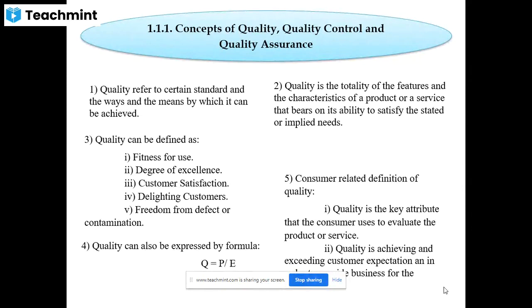Means you've seen that if you're purchasing anything from the market, on that particular wrapper or covering, some features and characteristics of that food or product have been written, and whatever is written there should be inside that particular product.